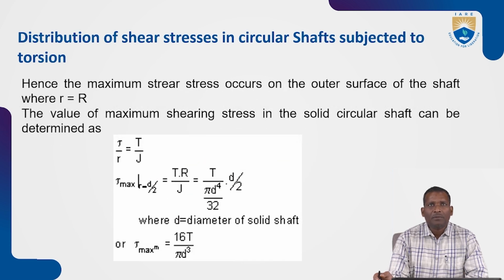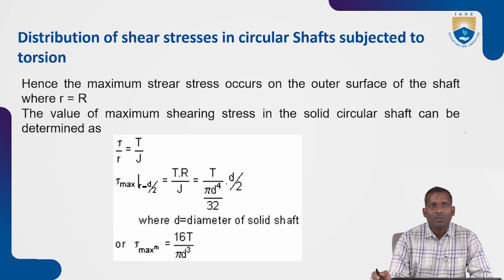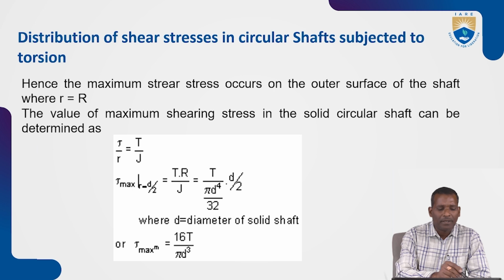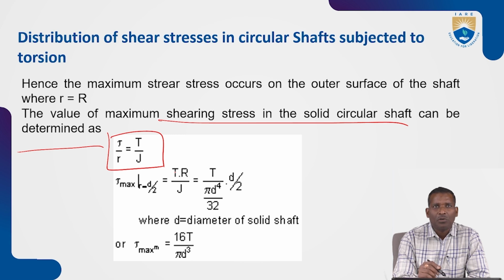Hence the maximum shear stress occurs on the outer surface of the shaft, that is, where r is equal to capital R. How do you calculate the maximum shear stress in the solid circular shaft? By using the shear stress equation, tau by R is equal to T by J. The shear stress is maximum when R is equal to D by 2.